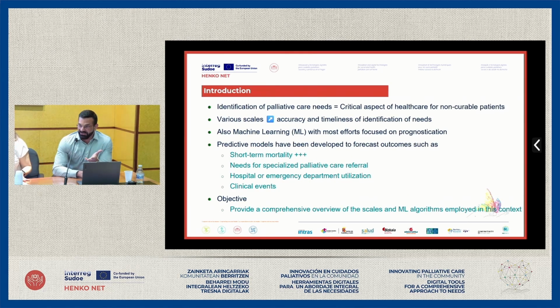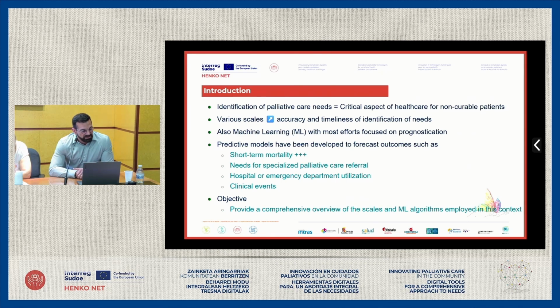If we are talking about this today, it is because identifying palliative care needs is a very critical aspect during the healthcare pathway of our patients. So we know there are various scales to improve accuracy and timeliness of identification of needs. And recently, machine learning has been developed with most effort focused on prognostication.